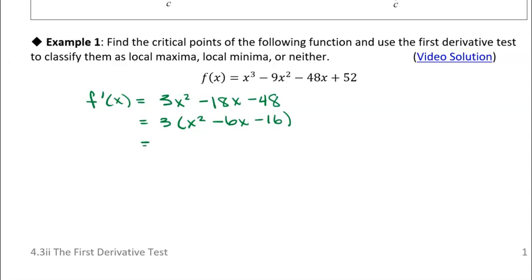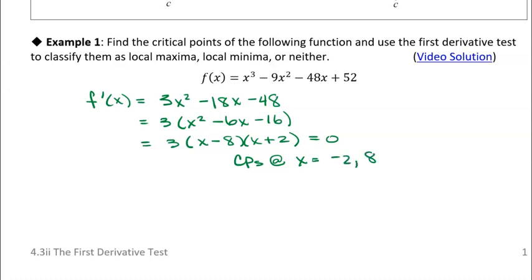So when we factor that, we'll have 3, and then it factors into x minus 8 and x plus 2, it looks like that will work. And then we can set it equal to 0. And so we'll find that we have critical points at x equals -2 and 8.